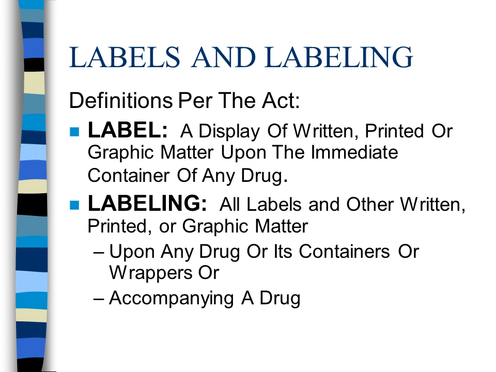Now, labeling is all the other labels, written, printed, or graphic matter that are placed upon any drug or its containers or wrappers or accompanying any drug. It gets a little confusing here, but think of it in this manner. Under labeling, our lot code label is labeling.